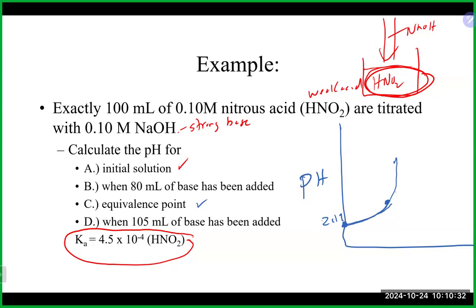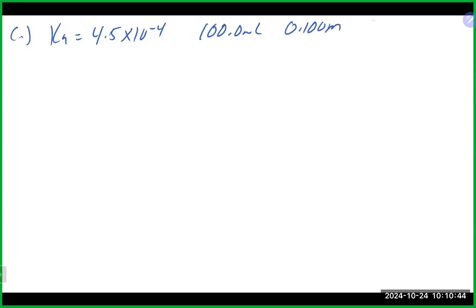So we're at the equivalence point here, obviously starting still with our same stuff. We got 100 milliliters of 0.1 molar nitrous acid, and we're going to add it to 0.1 molar sodium hydroxide, and we're at the equivalence point.